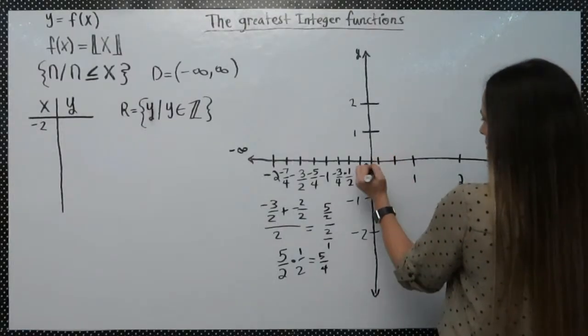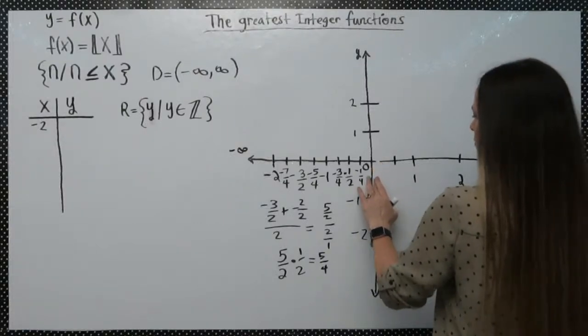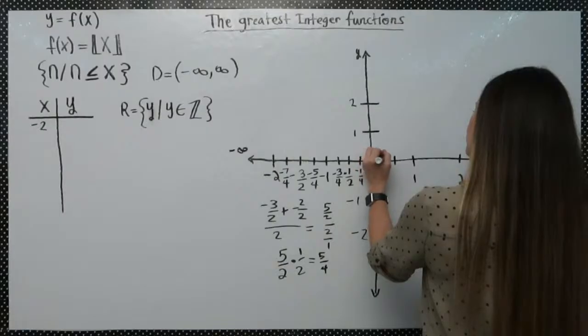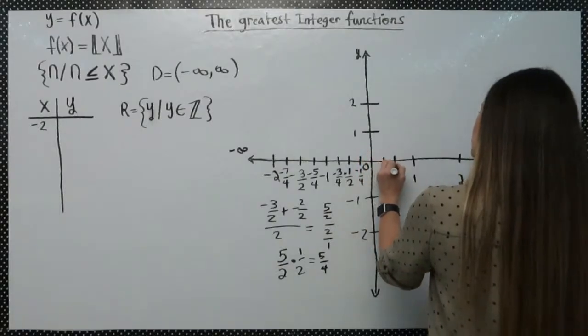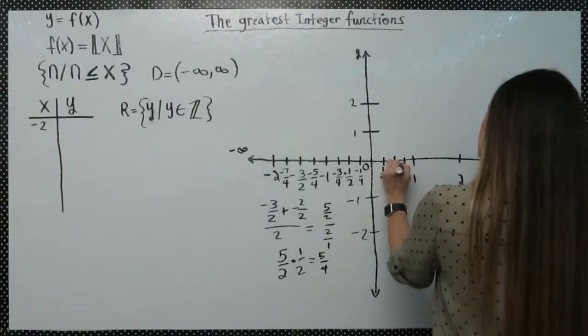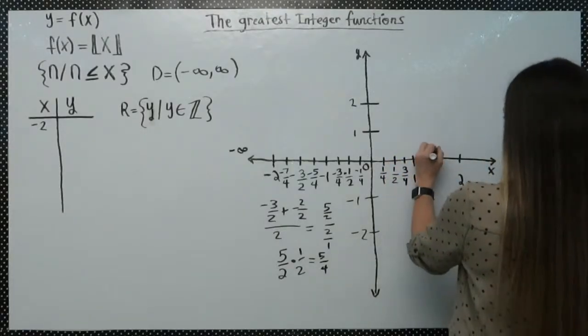That would be, hang on, 1/4. We've got 1/2, and then 1/4, and then 3/4. I should have done the positive one first because that would have been easier for me.